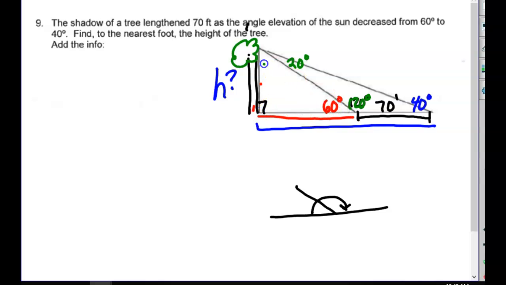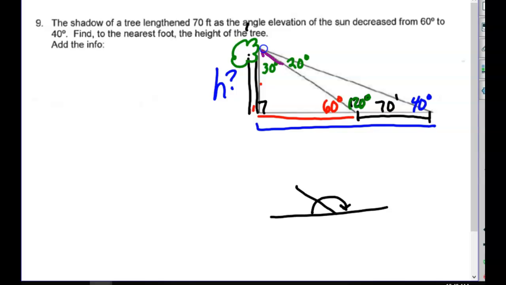We could deal with the fact that this is 30 because this makes 180 in this triangle, but I don't think that's going to help. We need a side length for the right triangle. How could we find that? Yes. Let's see.